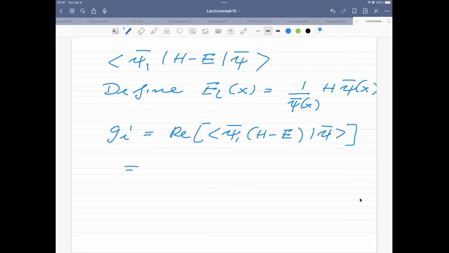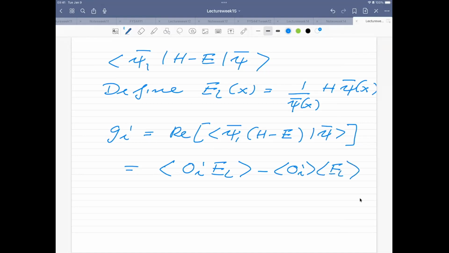And that is nothing but the expectation value of this log derivative of EL minus the expectation value of this log derivative of EL, which is the energy expectation value we are looking after.